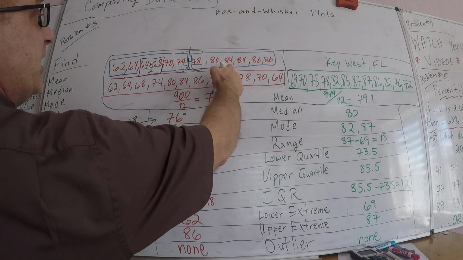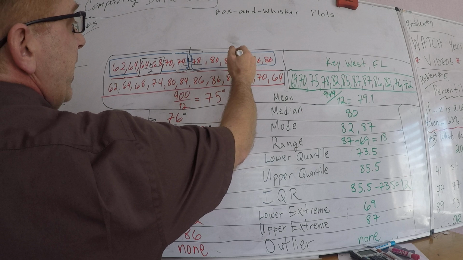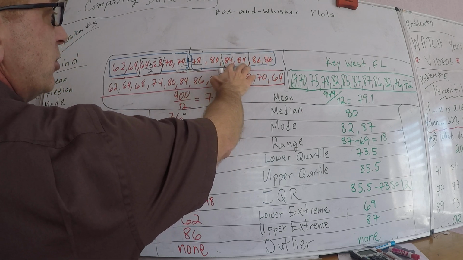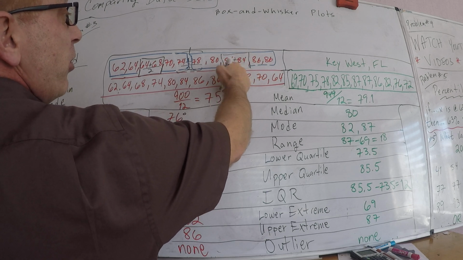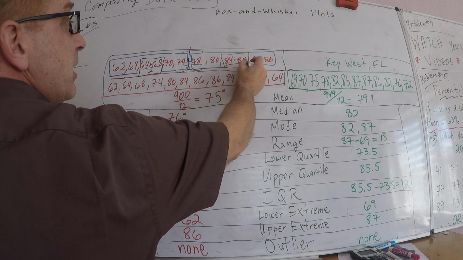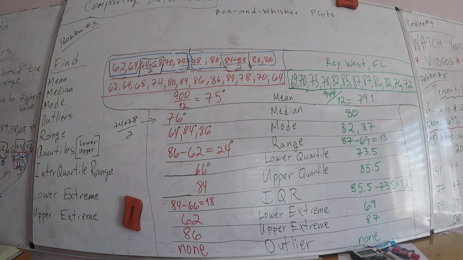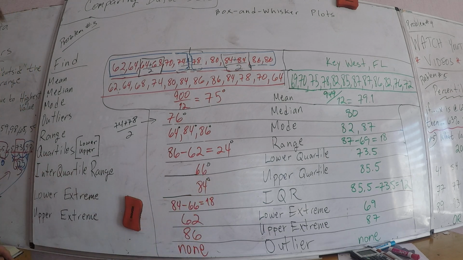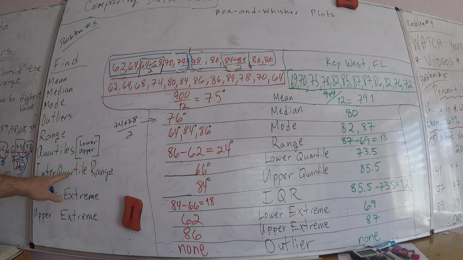For the upper half, 1, 2, 3, 4, 5, 6, the middle 2, 84 and 84. So 84 plus 84 divided by 2 is 84 degrees. The IQR is the interquartile range.